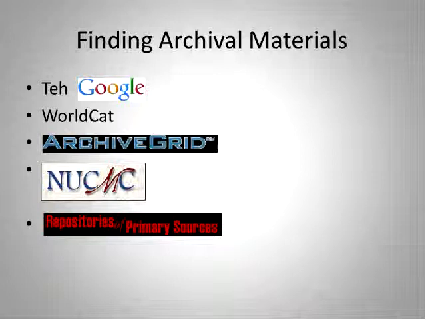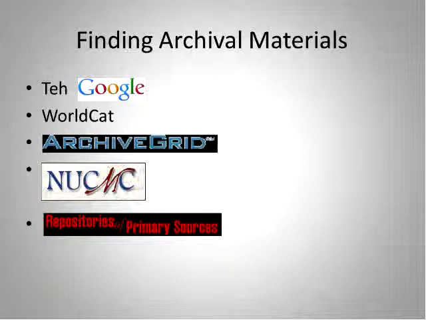ArchiveGrid is a proprietary database that took most of the National Union Catalog of Manuscript Collections and started charging for it. There are about 1 million plus finding aids from 2,500 repositories available through ArchiveGrid, and it uses simple keyword searching to help you locate these finding aids.